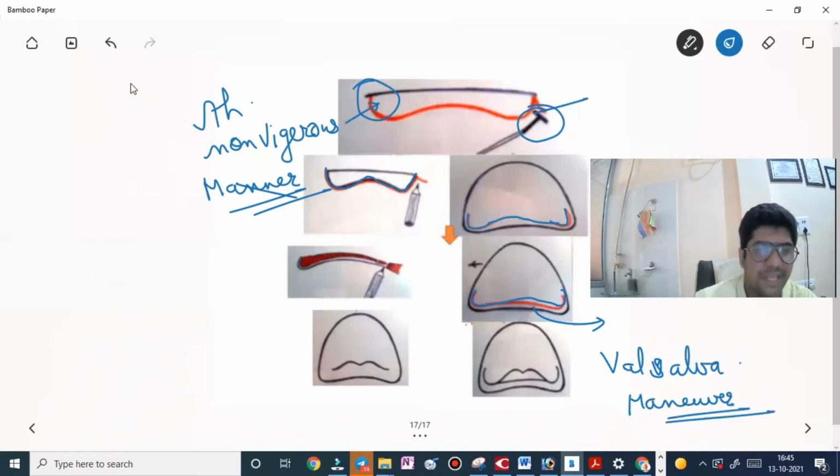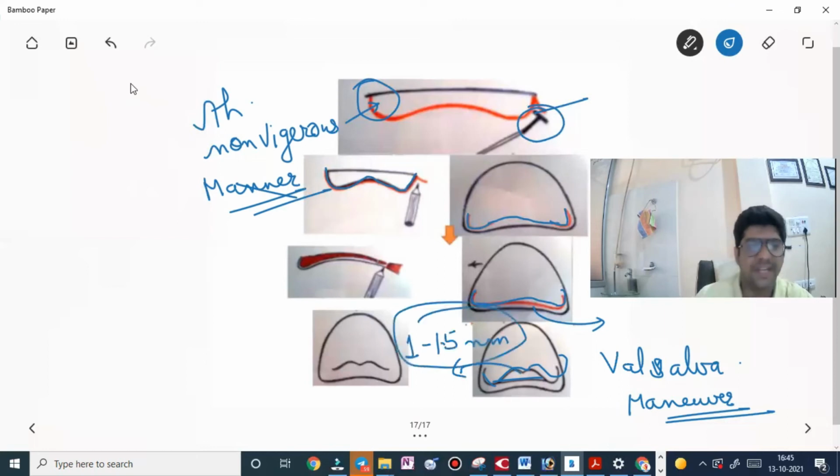The markings are transferred to the master cast. The area between the anterior and the posterior vibrating line is scraped in the master cast to a depth of around 1 to 1.5 mm on either side of the mid-palatine raphe.